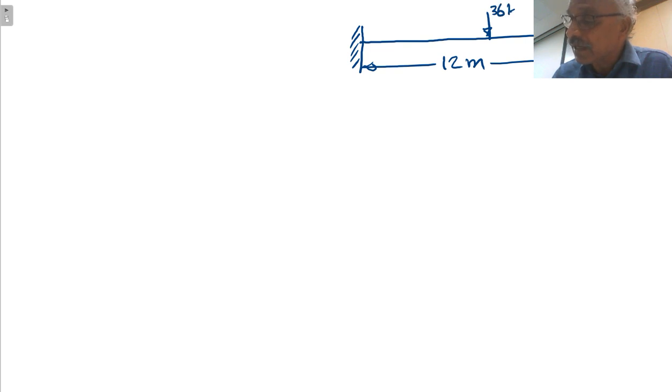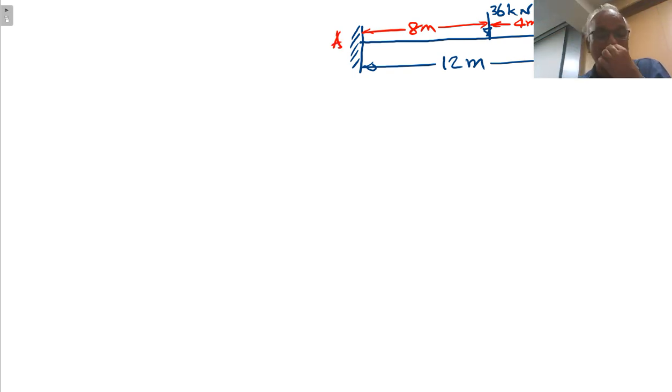This is at 8 meters from the left hand support, so this distance is 8 meters and this is 4 meters, subjected to a non-central load. Right, so this is the problem. This is a propped cantilever AB. Now let us analyze this simple problem by using the slope deflection method.